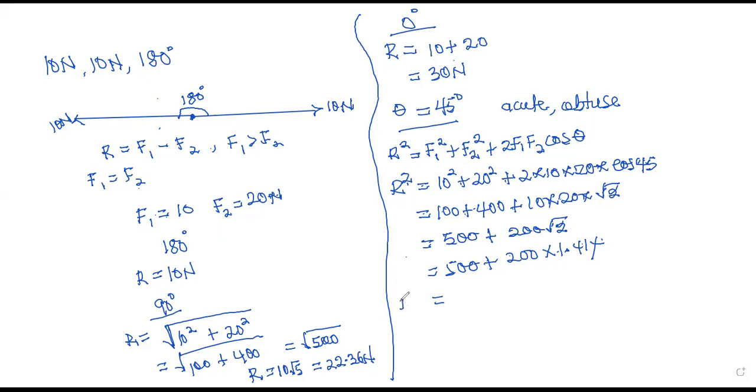So R squared is equal to 782.8, so that R is equal to the square root of 782.8. What's the square root of this? Give me the answer in 2 dp. 27.98 Newton. So we've considered all the angles.